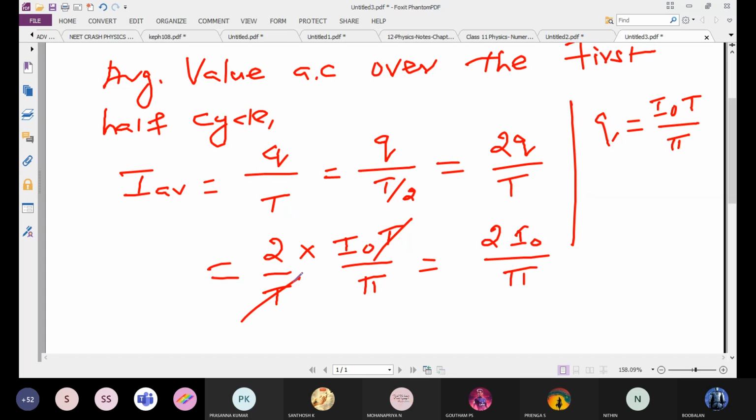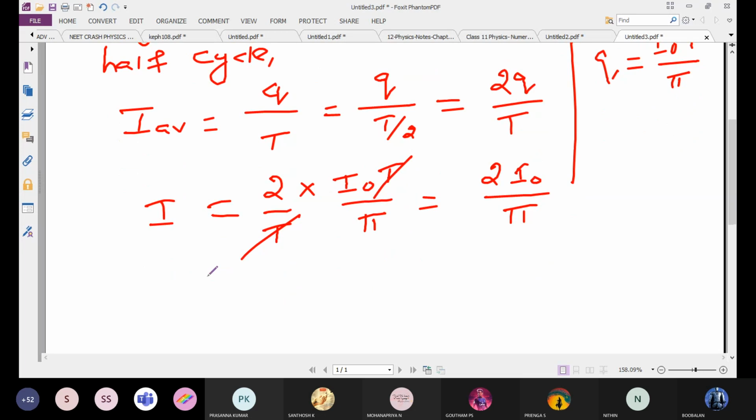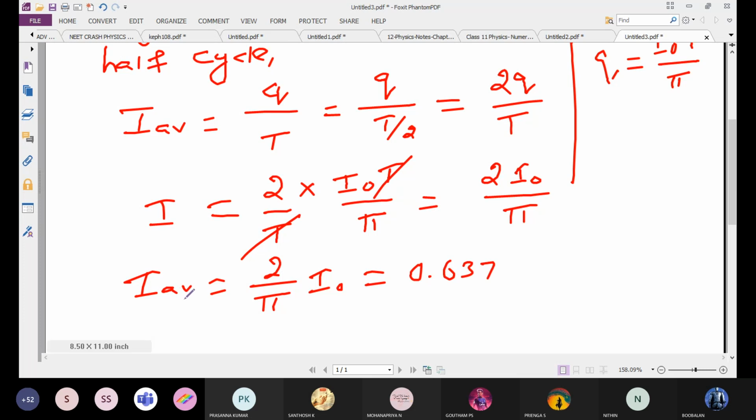So this is the relation: I average is equal to 2 by pi times I naught. The value of 2 by pi is 0.637. So I average is equal to 0.637 I naught. The very important value, the relationship between I naught and I average.